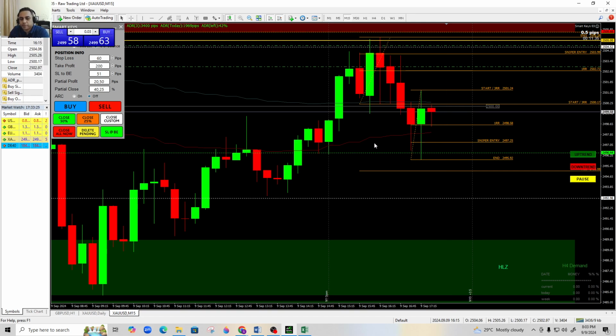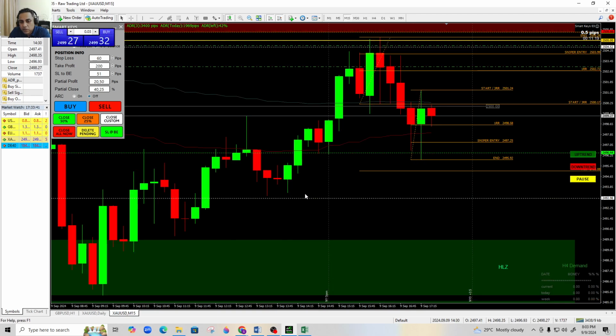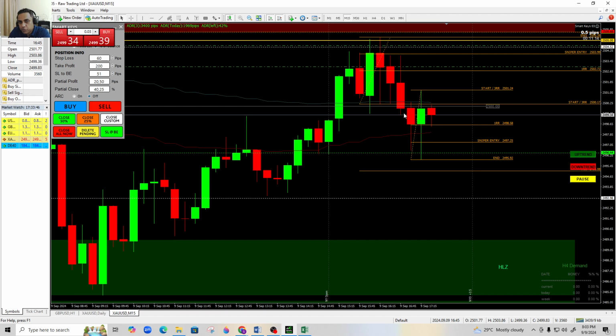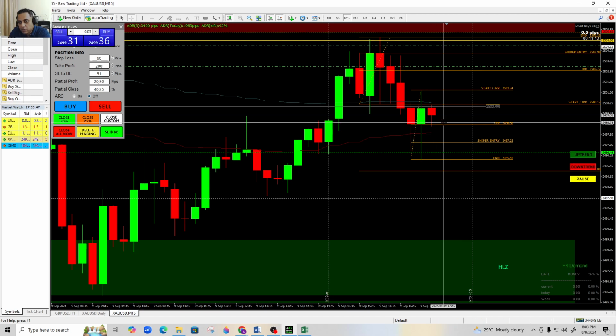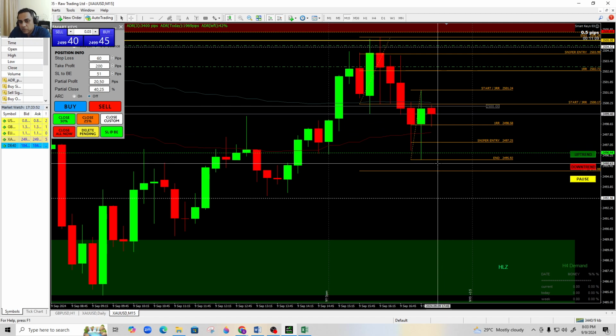But it's weak. It's weak because price is already pushing down, has rejected to 500. It could easily break this and continue down, right?